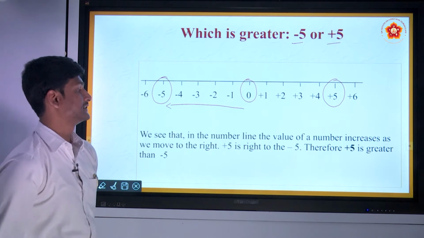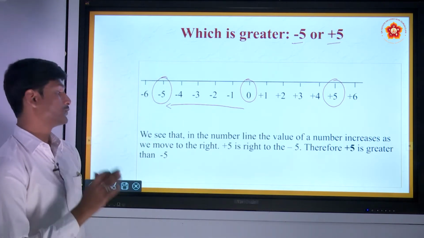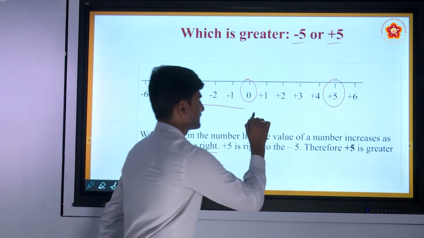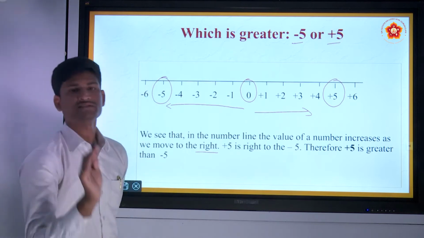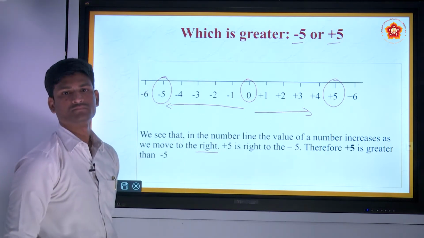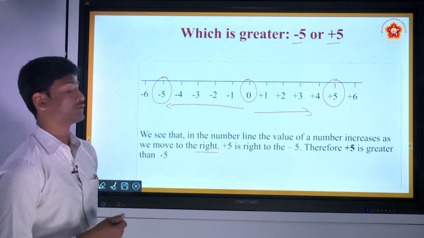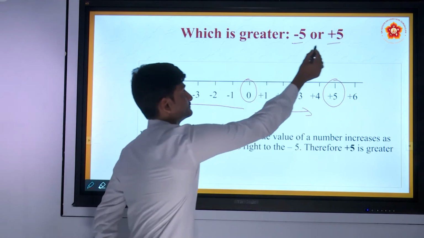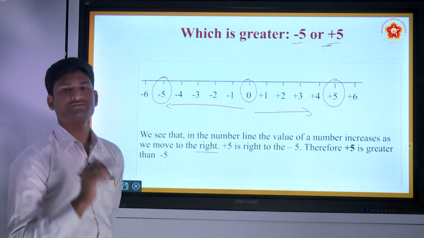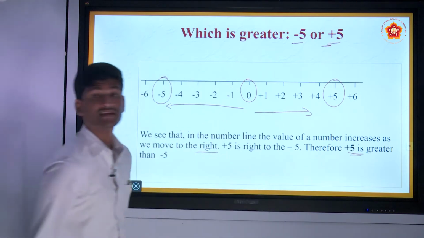We see that on the number line the value of the number increases as we move to the right side, and decreases as we move towards the left side. Therefore +5 is greater than -5, right? The +5 is greater than -5.